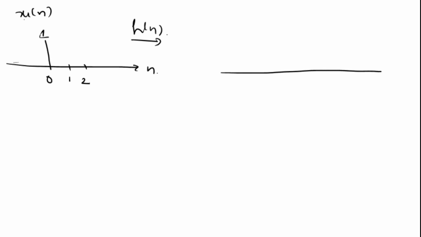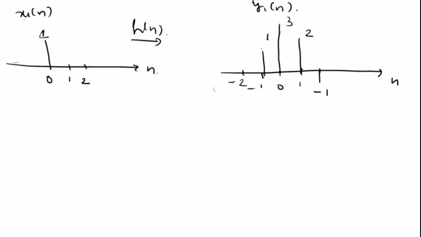Then x1 of n is, at 0 we have 1, we have to multiply with h of n, we will get y1 of n as, at 0 it is 3, at minus 1 it is 1, at 1 it is 2, at 2 it is minus 1, at 3 it is 1.